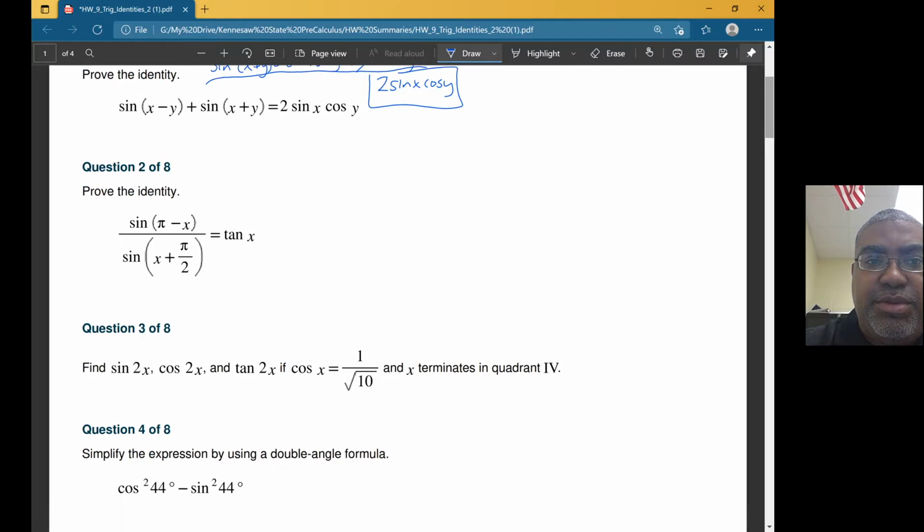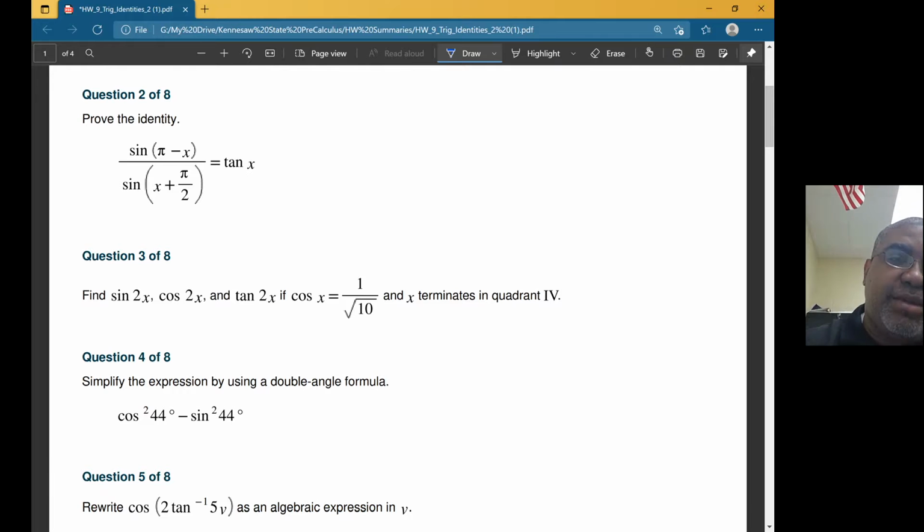Okay, let's move to number two. Number two says prove the identity. We're going to work with the left side again. We just did this identity, so we'll plug in pi for x and x for y on the top, and pi over 2 for y on the bottom. I'll write it out.